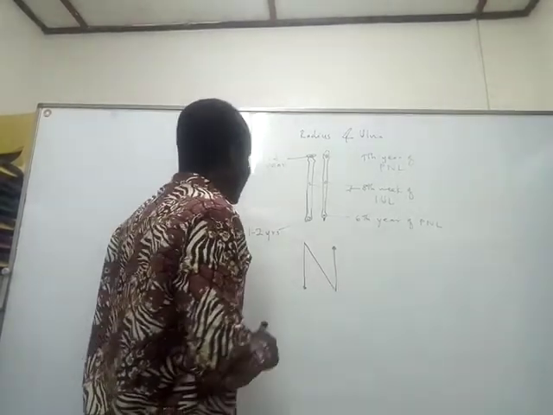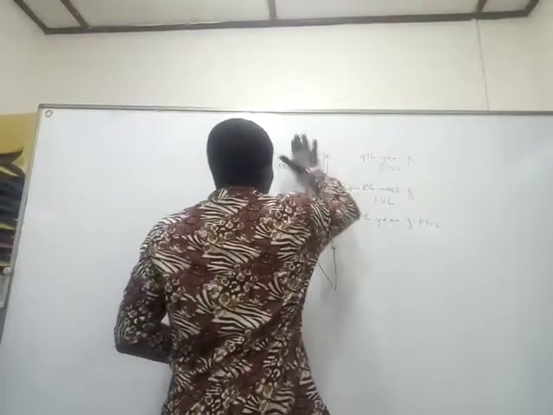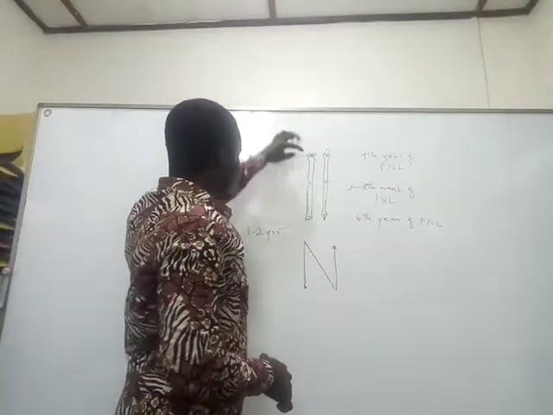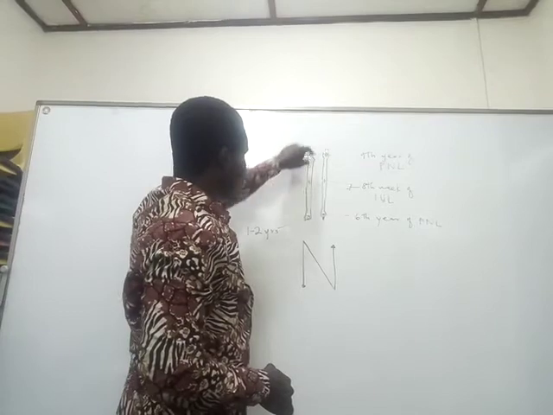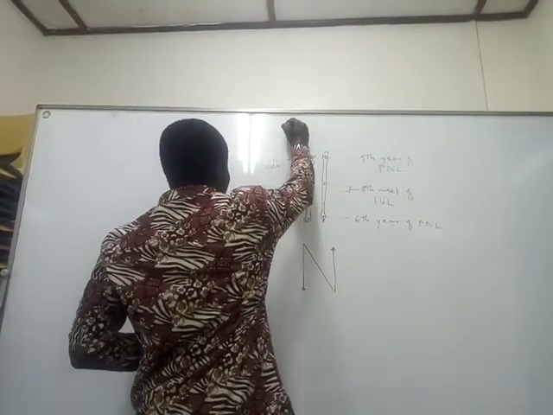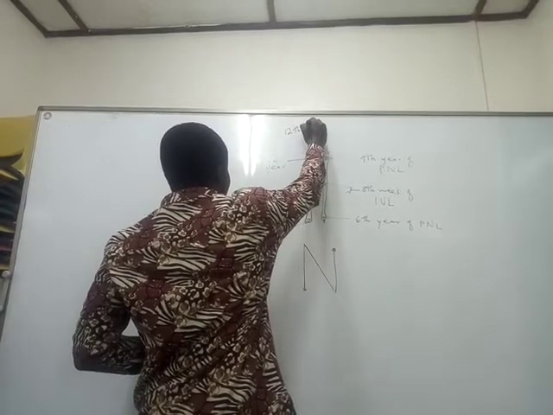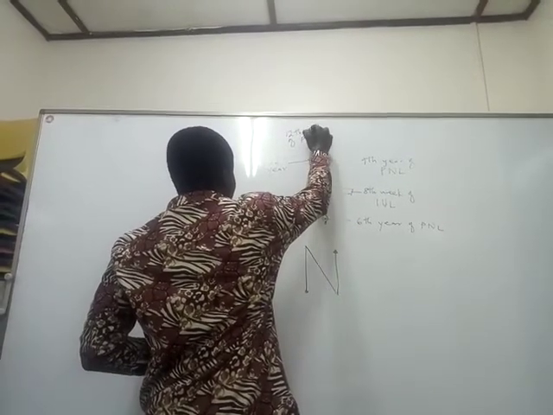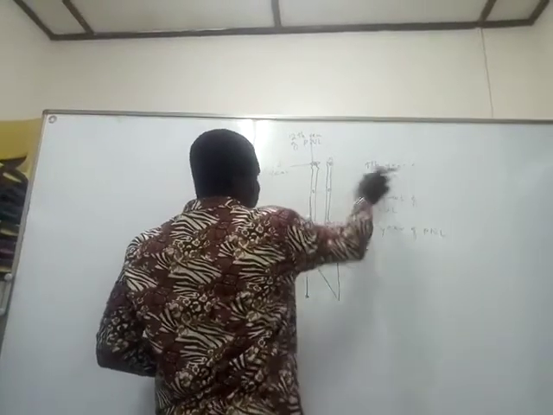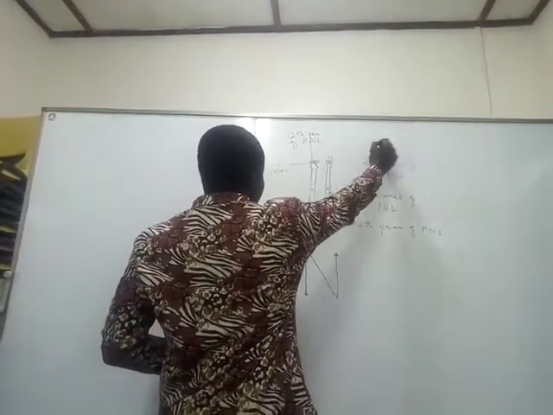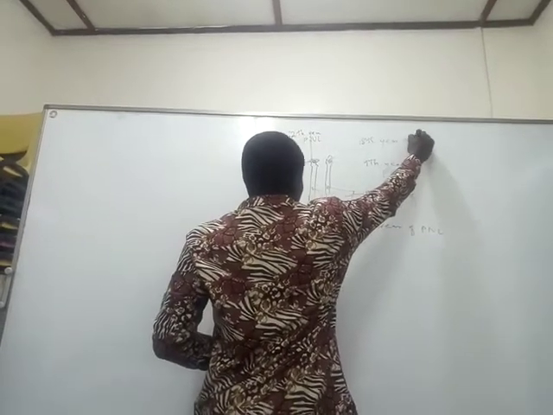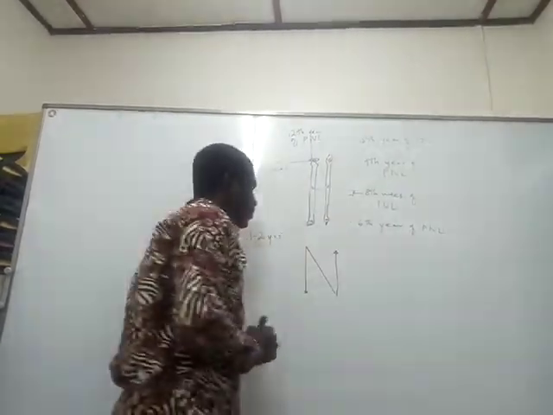Now, one thing is that the proximal end of the radius fuses with the rest of the shaft around the 12th year of postnatal life. But for the proximal end of the ulna, it happens around the 18th year of postnatal life.